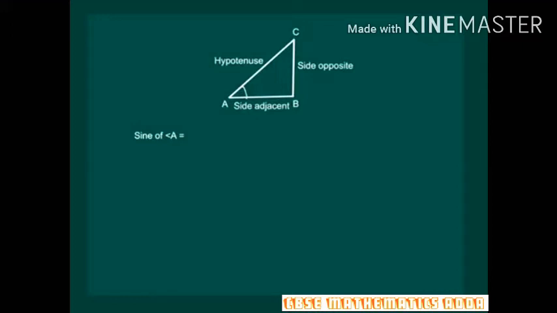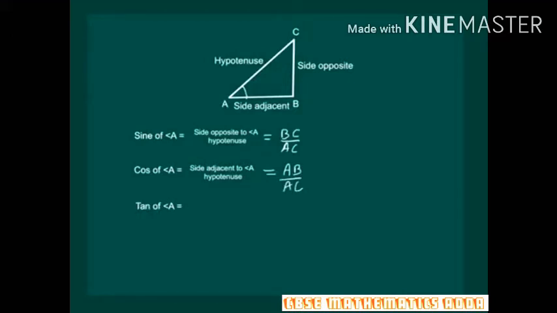Now sine of angle A, the formula is the side opposite to the angle A divided by hypotenuse, and this equals BC divided by AC. This is sine of angle A. Next, cos of angle A, the formula is the side adjacent to the angle A divided by hypotenuse, and that will be equal to AB divided by AC.